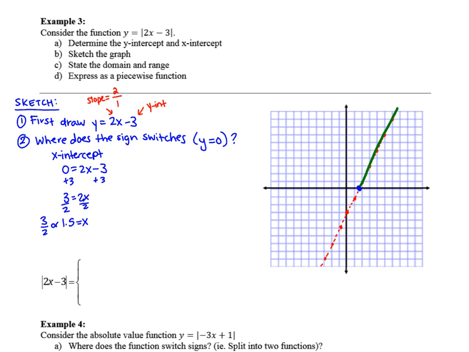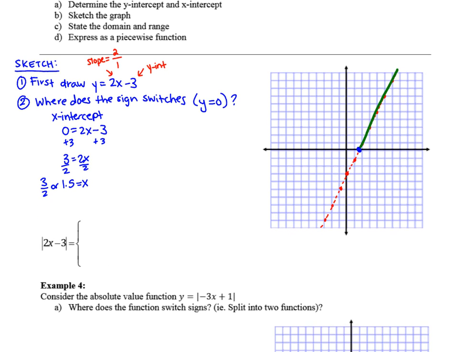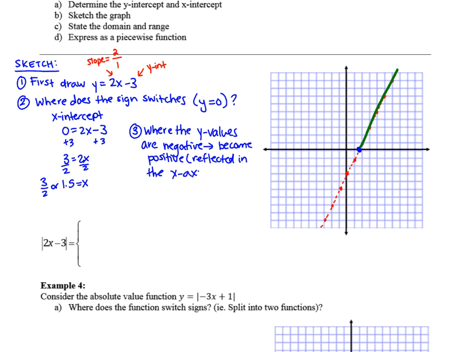So where were the y values negative? Where the y values are negative, they now become positive, or reflected in the x-axis, when x is less than 3/2.